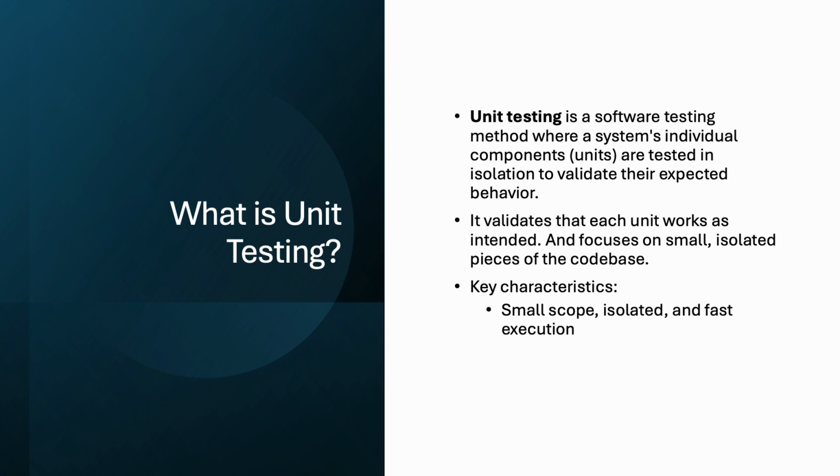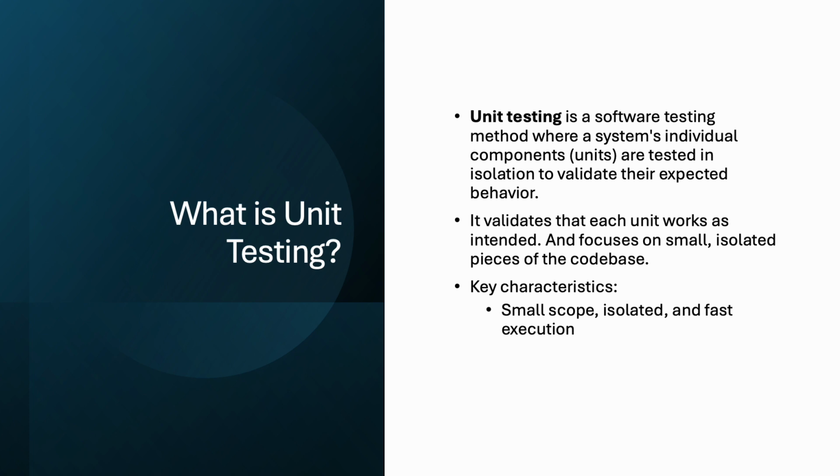In order to understand what unit testing is, we have to begin with a simple definition. So unit testing is a software testing method where a system's individual components or units are tested in isolation to validate their expected behavior.